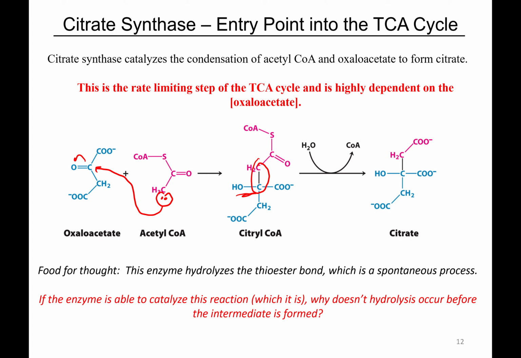Yeah, this is where we have our induced fit mechanism, right? So the idea here is that the oxaloacetate must bind first to get into place before acetyl-CoA binds. And if the oxaloacetate is already in place, then water is excluded, so we can't hydrolyze acetyl-CoA until the reaction is at the right point.